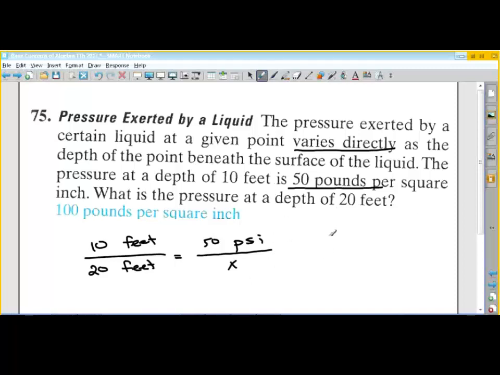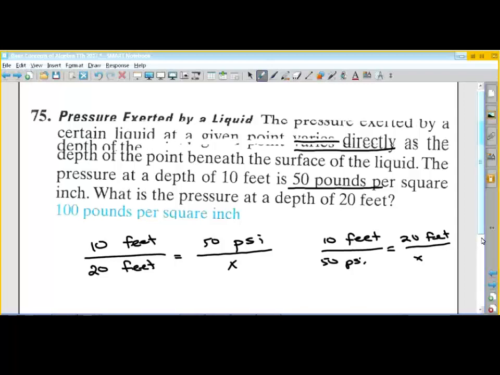In this case, you could also do it with 10 feet is to 50 pounds per square inch as something is to something. And again, here you would match up the units. So 10 feet, the feet units go on the top, and the unknown goes to the bottom.